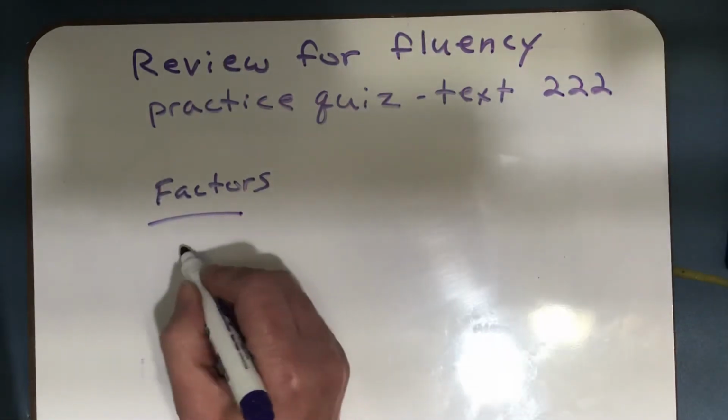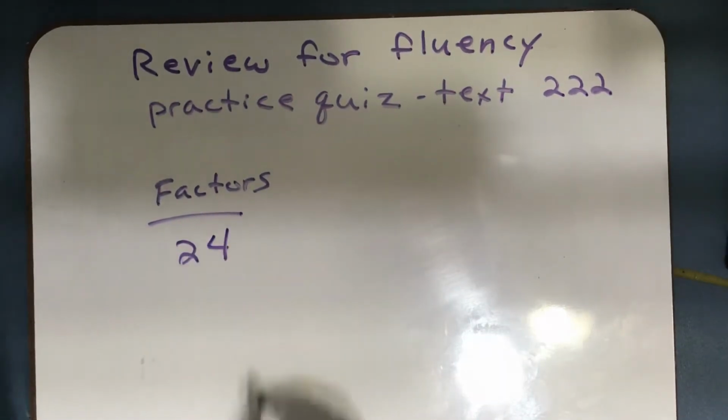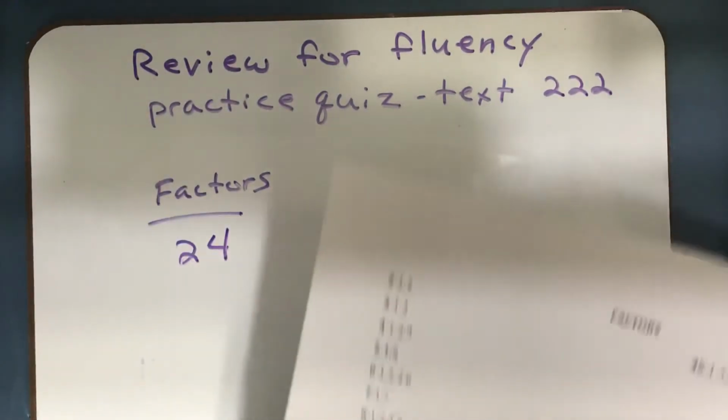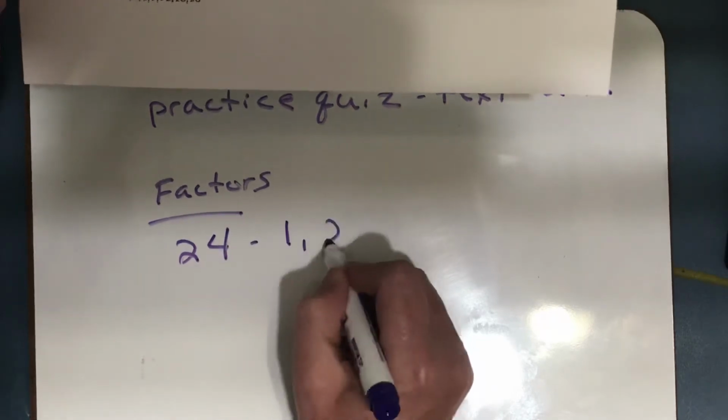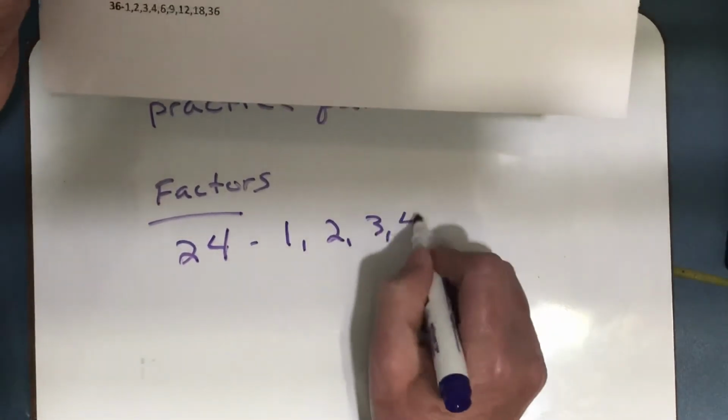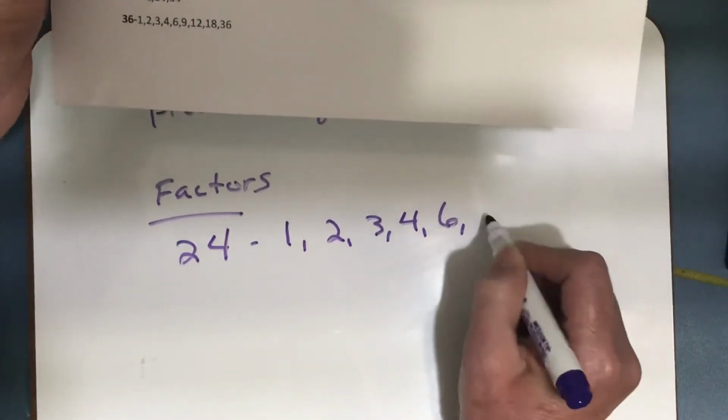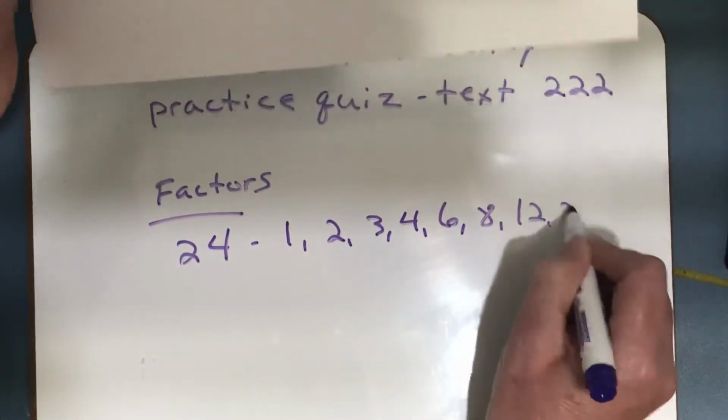It also asks you to find the factor pairs. It asks you to find them for 18, so we're going to do 24 instead. I'm not going to do the exact question that's on your quiz. So if I needed to find all the factor pairs for 24, I'd look on here and see that my factors of 24 are 1, 2, 3, 4, 6, 8, 12, and 24.